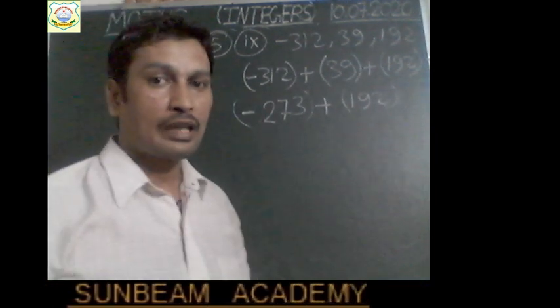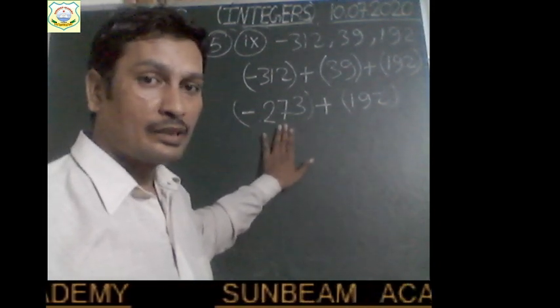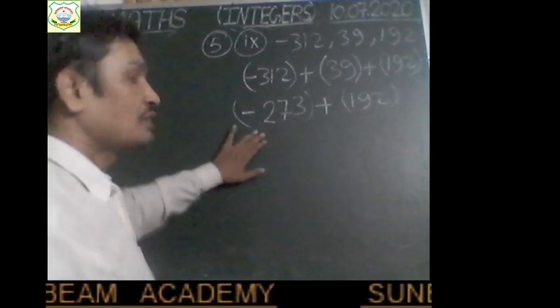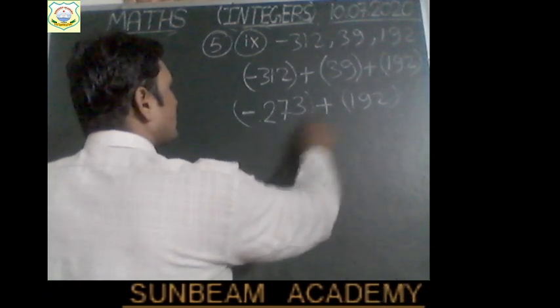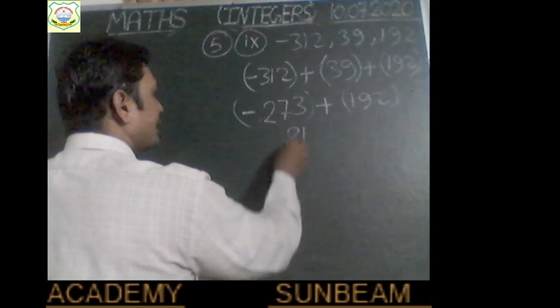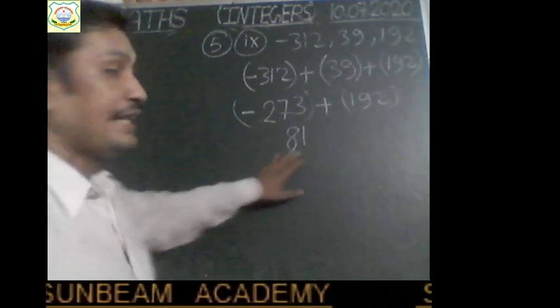Now add these two. Again, they are having opposite sign. This is a negative integer, and this one is a positive integer. Okay. So we will subtract. Subtract 3 minus 2, 1, and 17 minus 9 will give 8, and here it is 0. Now we get 81.